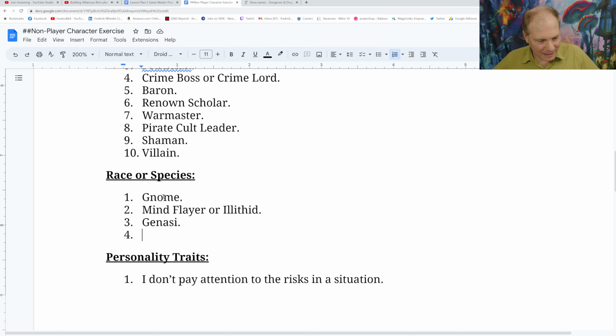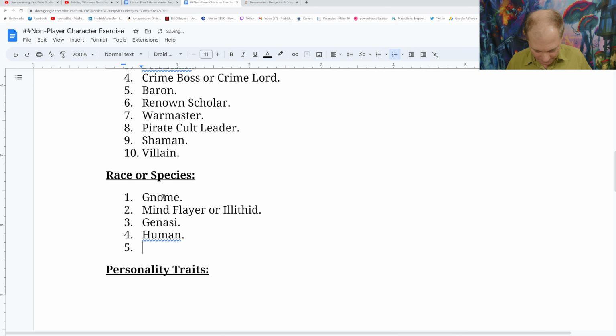Well, if they've got troll blood in them, it's too obvious that we don't want them to be a troll. That would be too much. I'll put down the obvious one, human. We can just make them human. Rock gnome. Well, we've got gnome, rock gnome, yeah. That's all good. That's fine.